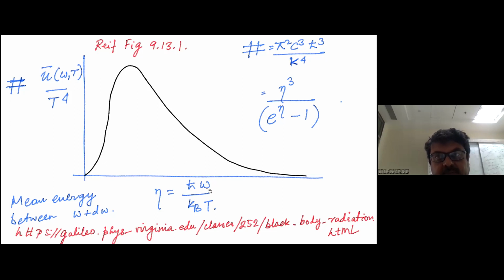That was also one of the first uses of StatMech, and also the advent of quantum mechanics, in the sense that he was the person who theorized, to match the curve of the distribution of energy versus omega of black body radiation, that energy is quantized.